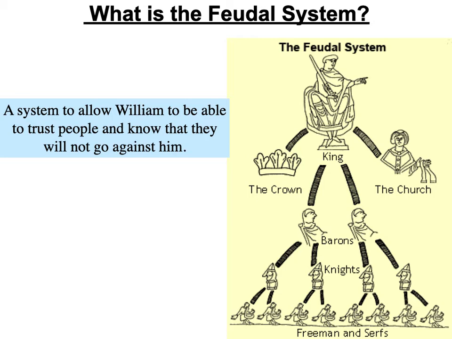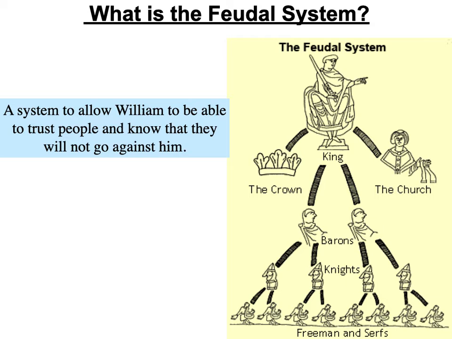Now the barons had their own fighting men, known as knights. These were trained men-at-arms, trained soldiers, and they had been really crucial to William winning the Battle of Hastings. Now they were given land by the barons, but they themselves didn't work that land. They were fighters.